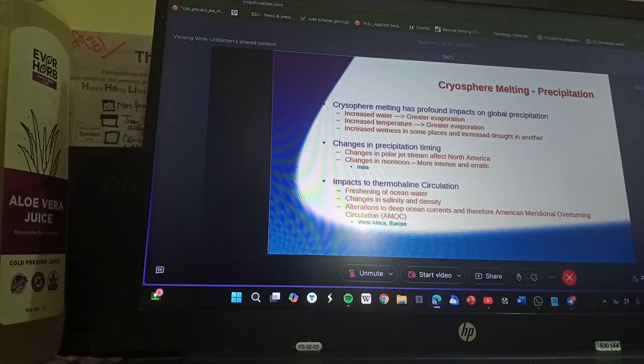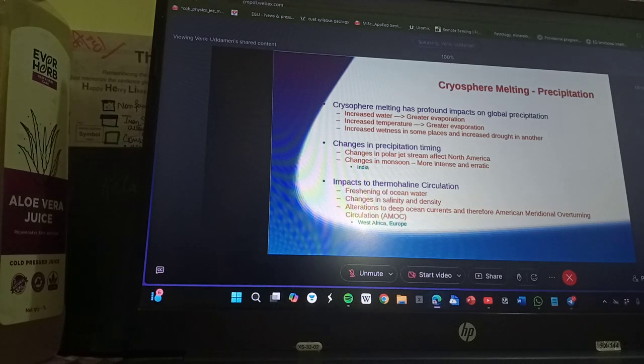So if that timing is off, a lot of times we get smaller melts. California, for example, experienced a very prolonged drought a few years ago, and that's because of the lack of sufficient snow accumulation in the Sierras from where they get their water.